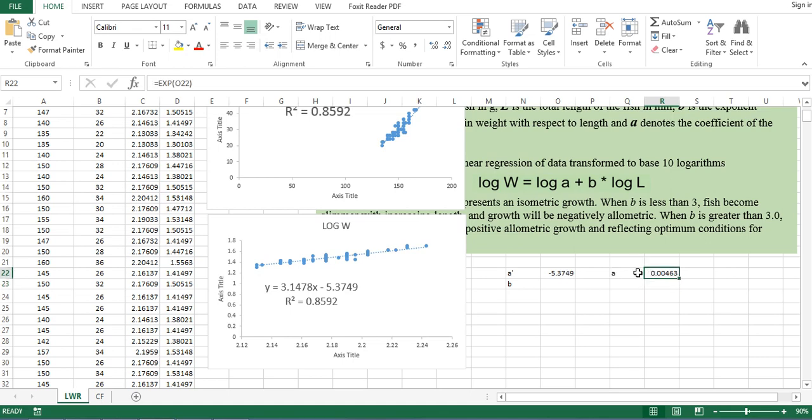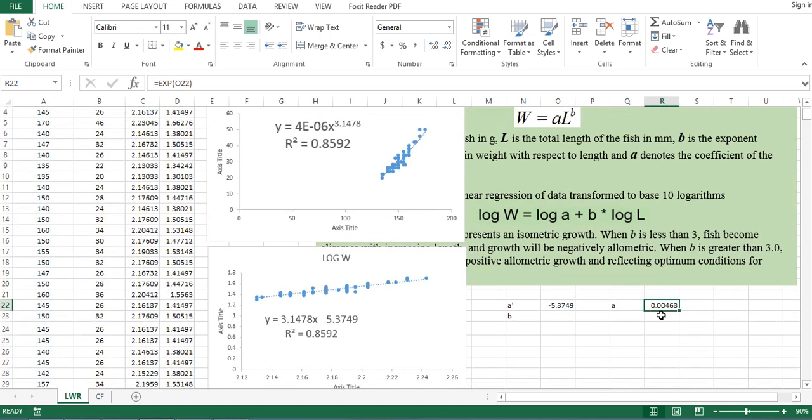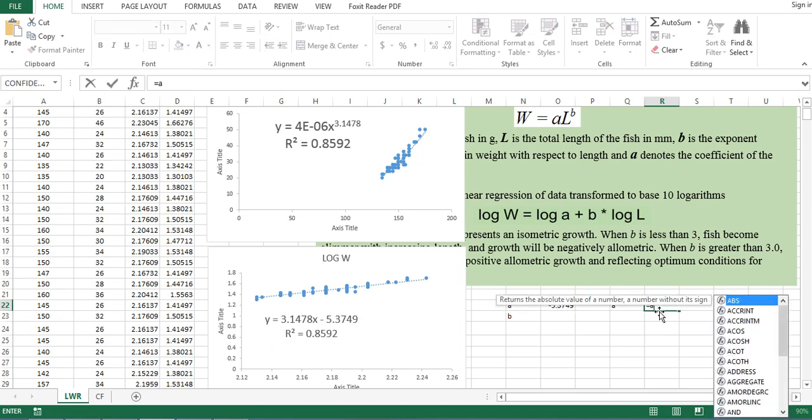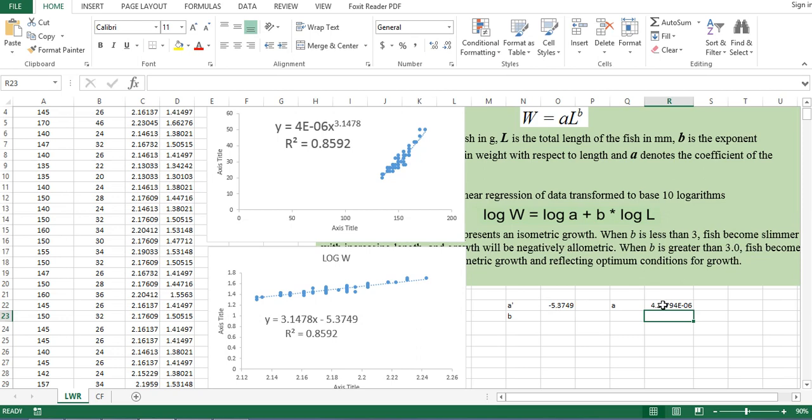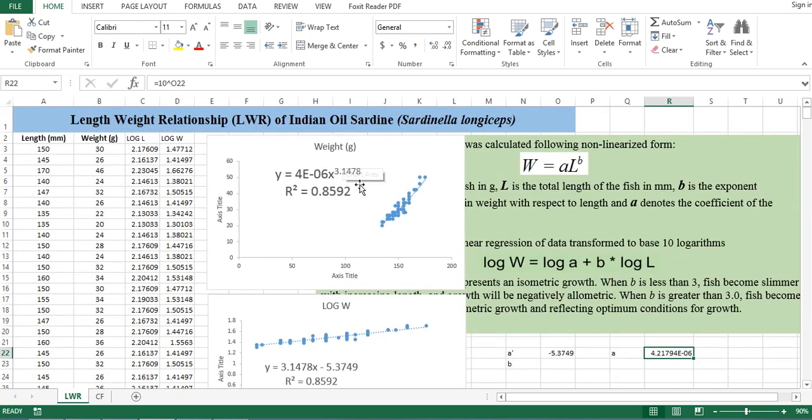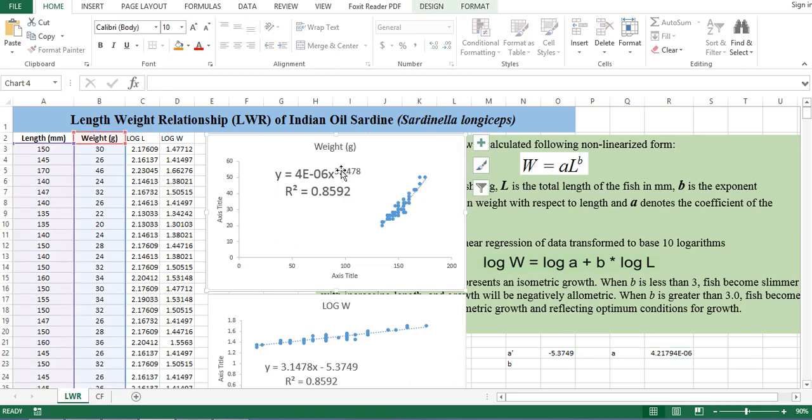So this is your a value, or you can get the exact value. So here you can make a is equal to 10 to the power a dash. Yes, so this is the value same as the normal non-linear function.